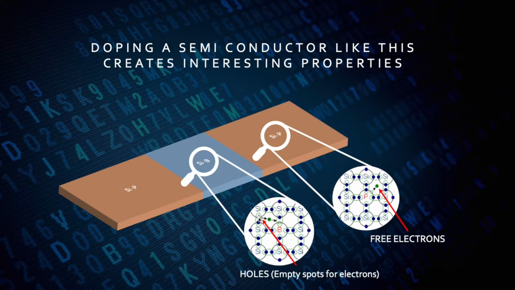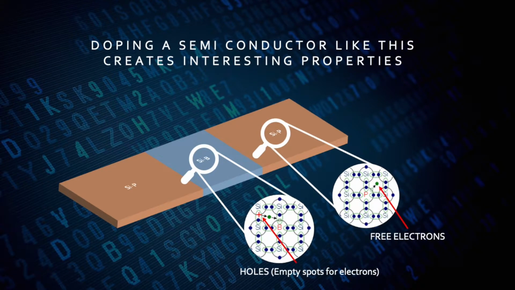We call this a hole. A hole means that there's an empty space that is not occupied by an electron. If we were to add an electron into this structure, it would have a strong desire to occupy that space. So we call this blue portion of the doped semiconductor that has these properties the p-type semiconductor. Don't worry at all about what that p-type means or why we call it that.